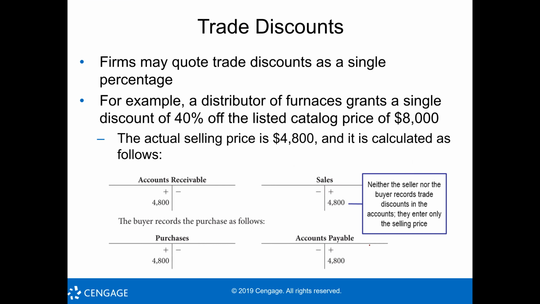You'll see it's recorded just without the discount. Basically, we're not recording a discount. There's the debit to accounts receivable and the credit to sales revenue, right? And just like it shows us here, neither the seller nor the buyer records trade discounts in the accounts. They enter only the selling price.